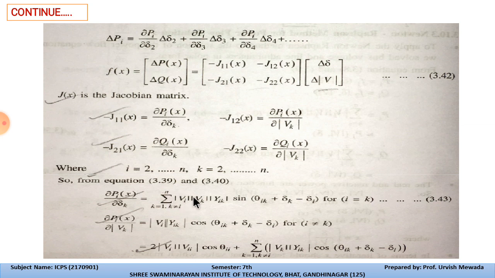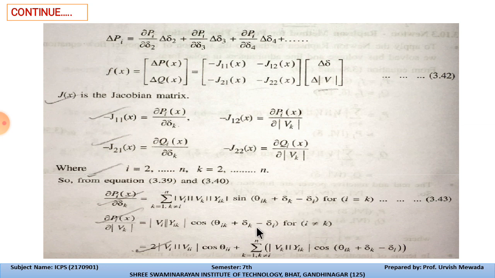So ∂Pi/∂|Vk| is |Vi||Yik| sin(θik + δk − δi), where i is equal to k, and ∂Pi/∂|Vk| will become |Vi||Yik| cos(θik + δk − δi), where i is not equal to k.